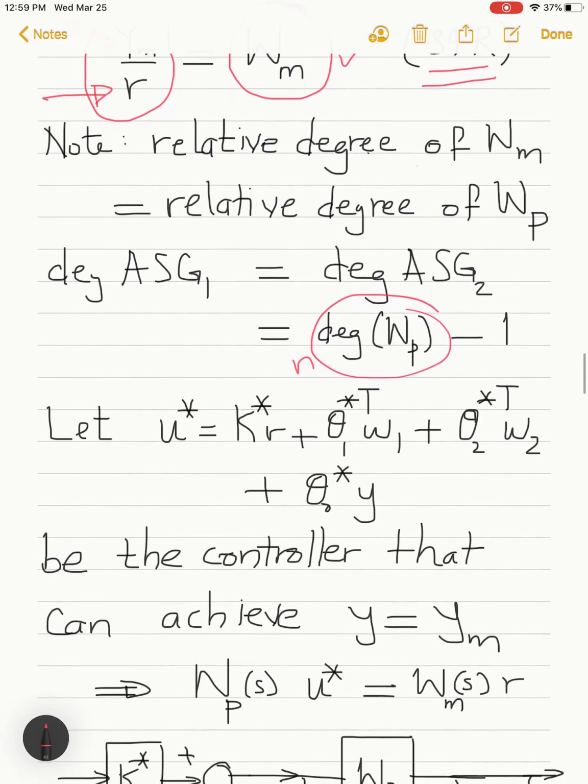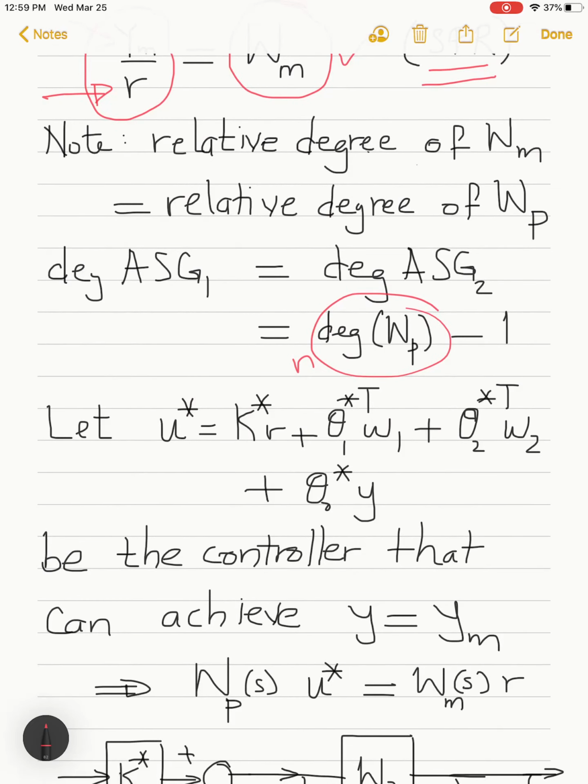In that case, I'm going to refer to the control law that achieves this relation as U star. So U star here refers to values k star, theta 1 star, theta 2 star, and theta naught star, which would be selected if we were to know the actual system, so that the relation between the input and the output would be exactly as the relation between the reference model output and the reference signal.